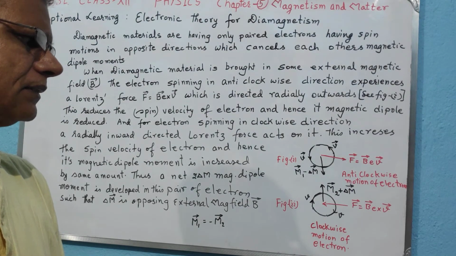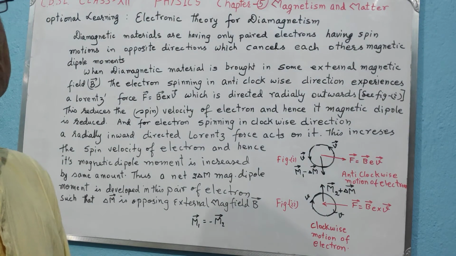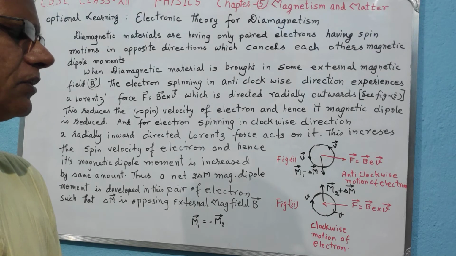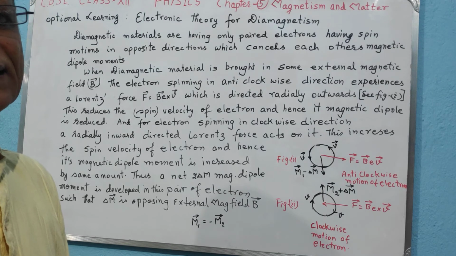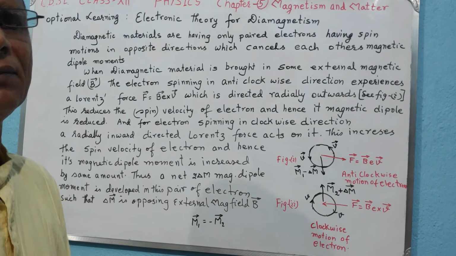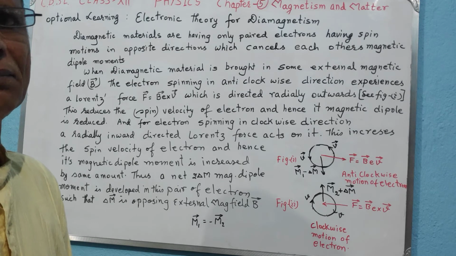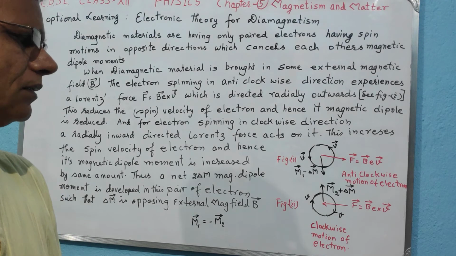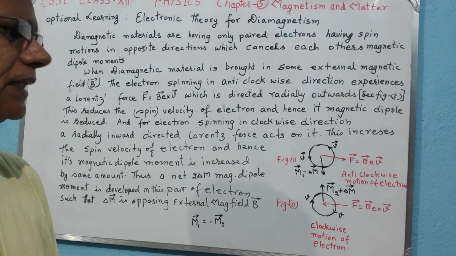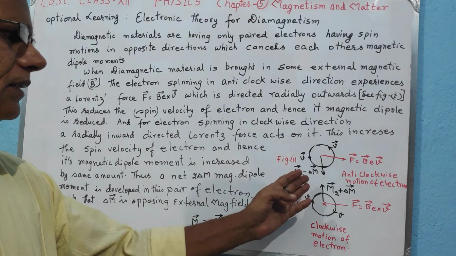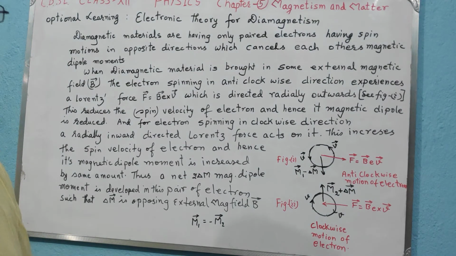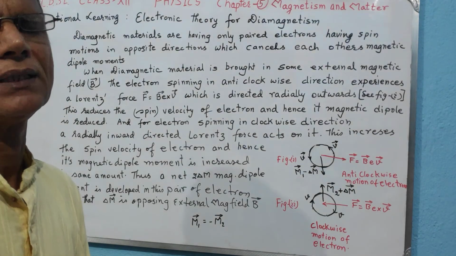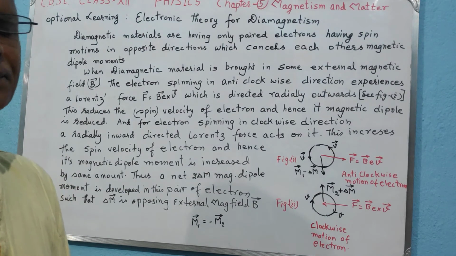But remember that the magnetic dipole moments produced due to the clockwise electron and the anticlockwise electron are in opposite directions and were cancelling each other when there was no external magnetic field around. But now, in the presence of an external magnetic field, the resultant magnetic dipole moment becomes non-zero, and it is such that it always opposes the external magnetic field.